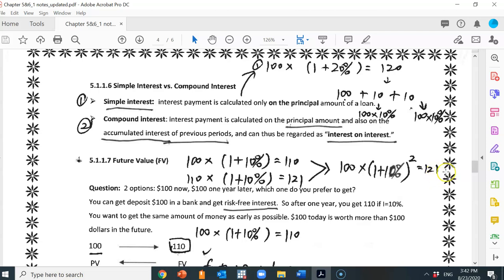So we earn $1 more if we're using compound interest. Okay, and this additional $1 comes from the interest in the second year based on the interest we earned in the first year, the $10. So $10 multiplied by 10% is how we get this additional dollar that we earn using compound interest rate.